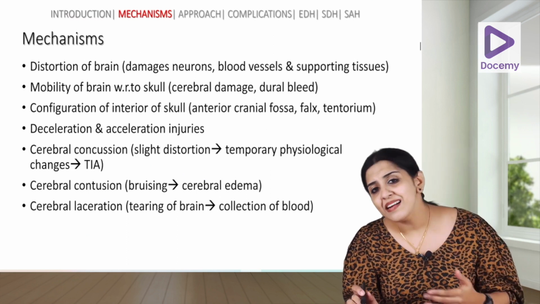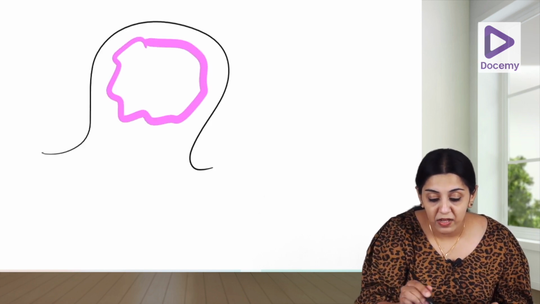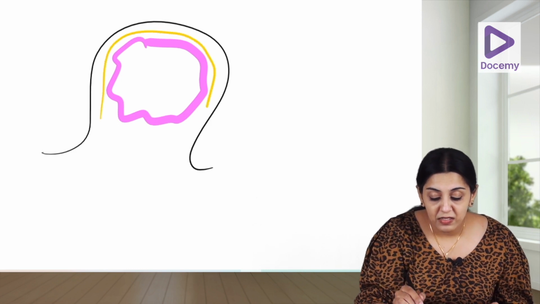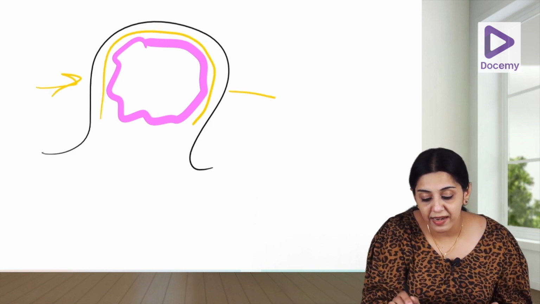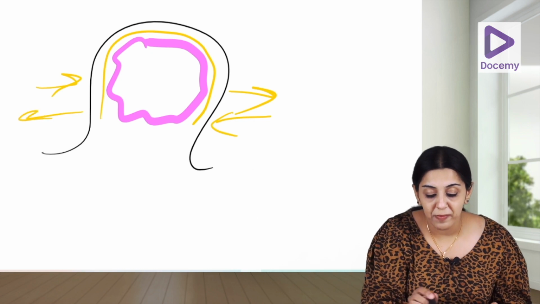What about the mechanisms of head injury? How can an injury or trauma affect the intracranial structures inside the skull? One is when there is a distortion of the brain. If this is the brain, you have a skull. Suppose you're shaking this head here and there, what will happen?